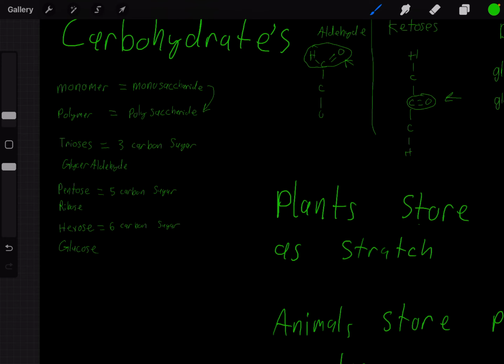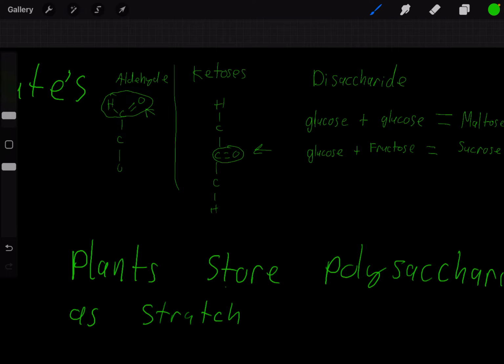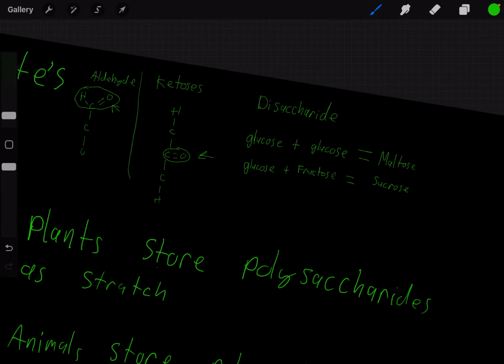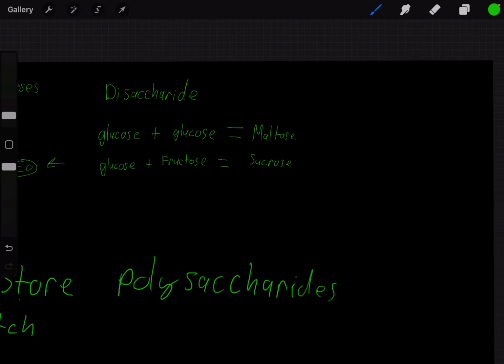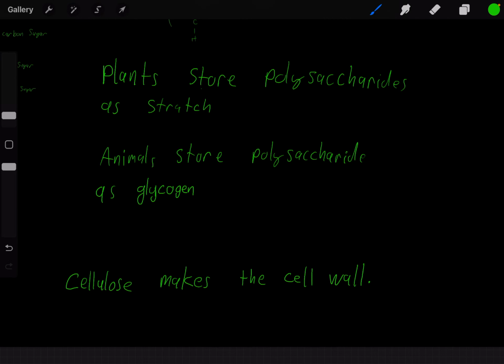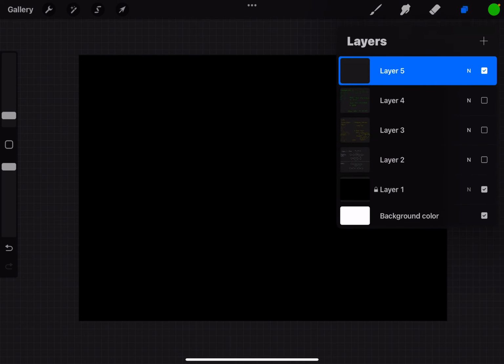You can have a triose, pentose, or hexose, which is the same as saying 3 carbon sugar, 5 carbon sugar, 6 carbon sugar. You can have an aldehyde, which means the functional group is at the end, or ketose, which means the functional group is in the middle. You can have a disaccharide, which is just two monosaccharides combined. Plants store polysaccharides as starch, and animals store them as glycogen. Cellulose makes a cell wall in plants, not animals, because plants are the only ones that have a cell wall. That is carbohydrates, so we can move on to the next one, which will be proteins.